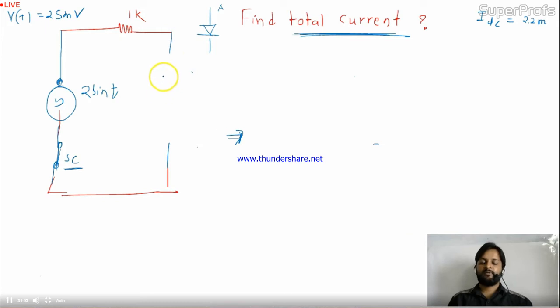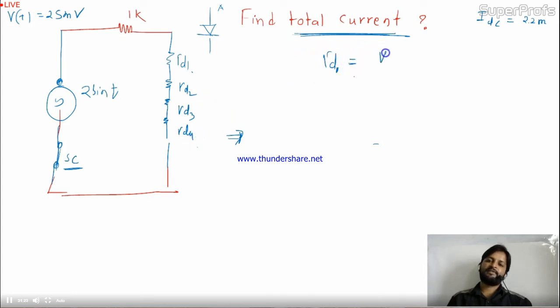What about these diodes? Now they are no longer working like a 0.7 drop battery. They are working like resistance. They are behaving like resistance for AC, like this. This is R_D1, R_D2, R_D3 and R_D4. What is R_D1? R_D1 is nothing but V_T divided by I_DC. The DC current you already calculated.